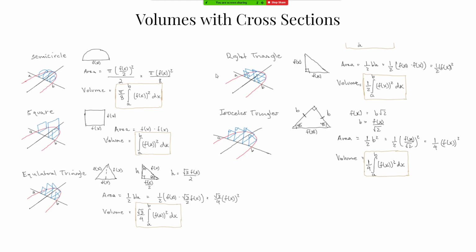For these ones, I've never actually seen them use isosceles triangles, but with isosceles triangles the function is the hypotenuse. Right triangles are when the function is just a leg of the right triangle, like an isosceles right triangle. And for equilateral triangles, the function's the base, but all the sides are the same.